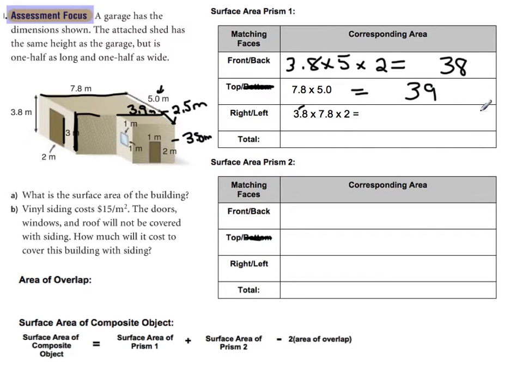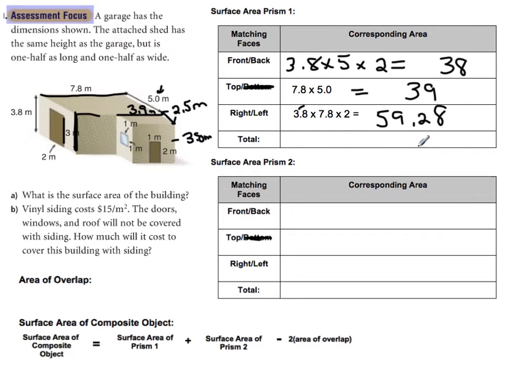I'm going to double check it. 7.8 times 5, and I get the same thing. So I'm going to do the same thing for the last calculation. So I get 59.28. I'm going to double check my calculation to make sure I got it correct. Okay, that's what I got.